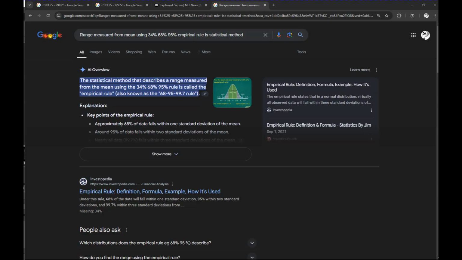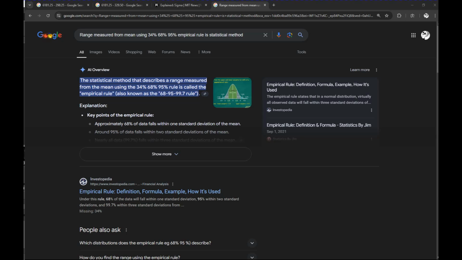Good morning. Going to go over the empirical rule, which is a statistical method describing how a range is measured from the mean using the 34, 68, 95, 99% rule.